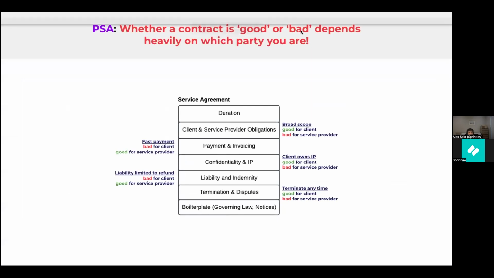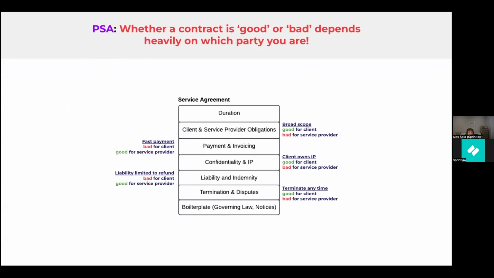So now let's talk about red flags and what to look out for when you're handed any type of agreement. I'm going to go through a few different common clauses you see in agreements. But before I go through them, I've got a public service announcement, which is something I think is really, really important and not understood by people in business: whether a contract is good or bad really depends heavily on who you are.